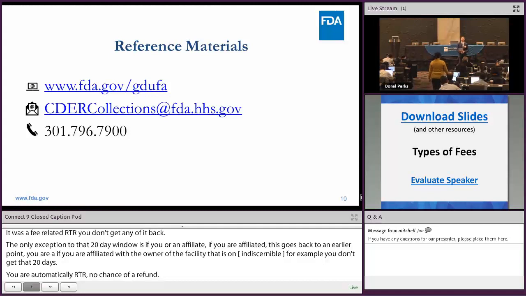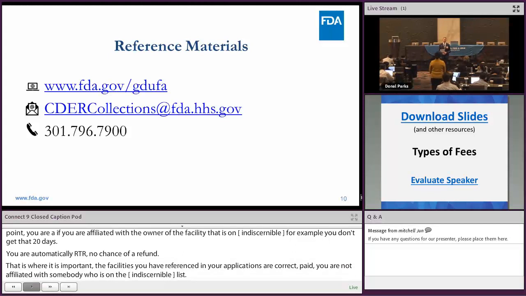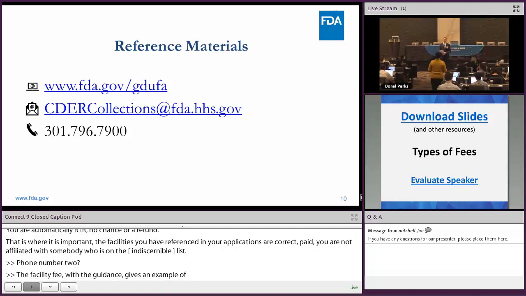Microphone number 2, please. This is with reference to API Excipient Mix Facility Fee, where the guidance gives an example of stability. For example, if amorphous form of API is not stable, then you have to make it stable with an excipient mix, and then it will still be treated as an API from the facility fee perspective.